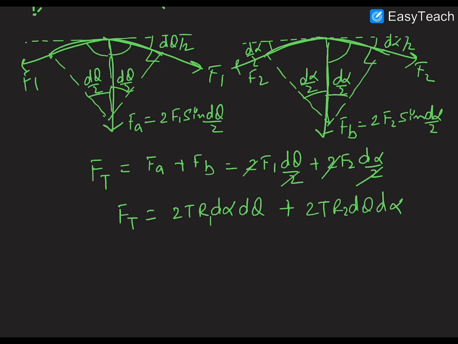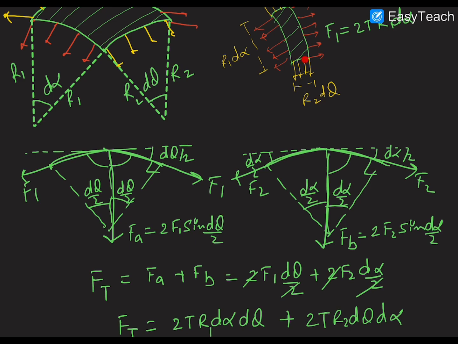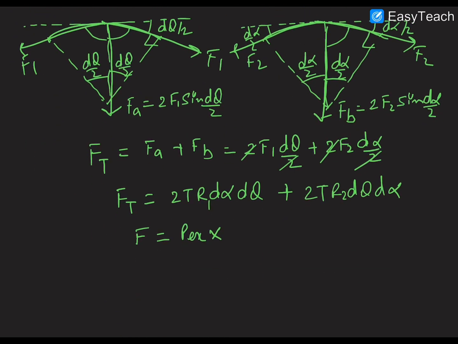Now this total force of surface tension is balanced by the force of excess pressure, so it would be P excess into this area. The area of this surface will be length into breadth. We can assume that it is almost a flat surface since it is very small, so the area will be R1 d alpha R2 d theta.